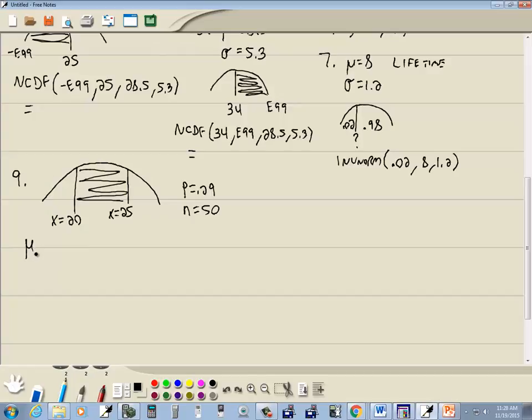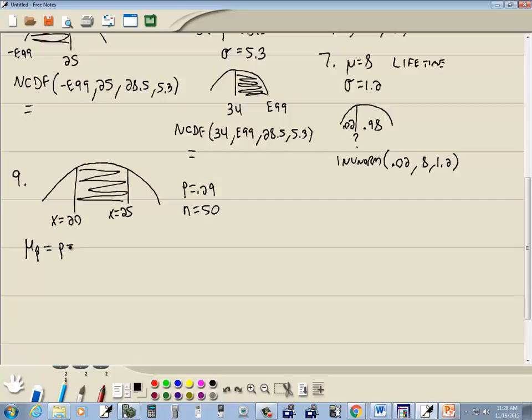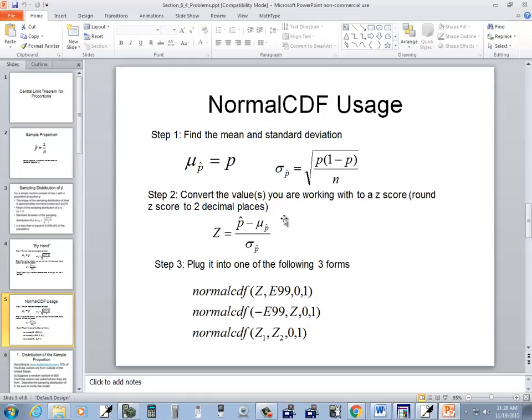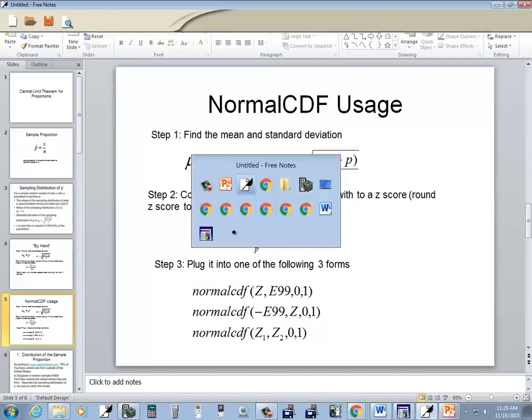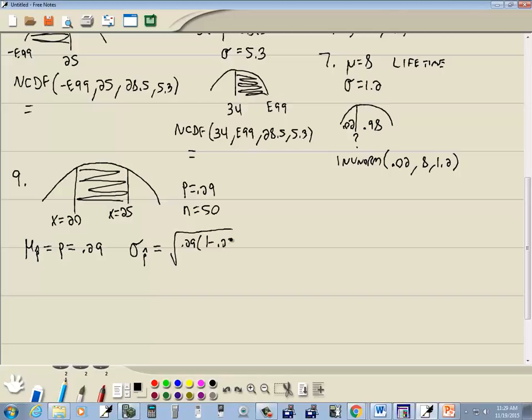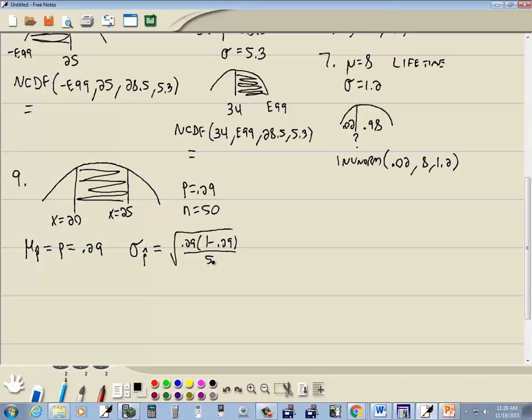So mu sub P hat is equal to P, which is 0.29. And sigma sub P hat is going to equal the square root of P, which is 0.29, times 1 minus P, so 1 minus 0.29, divided by N, which would be 50.